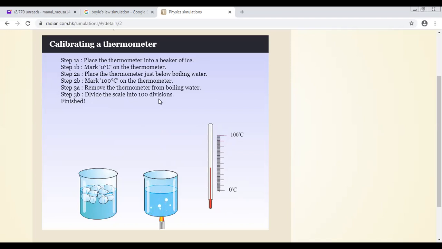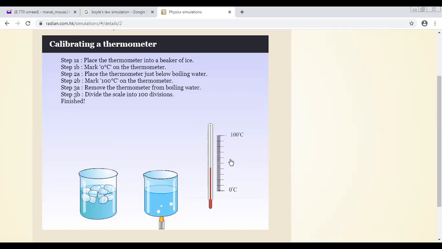By this way, I have a scaled thermometer with a proper capillary. So once you have the 0 Celsius and 100 Celsius points fixed on a thermometer, the rest of the scale is made by dividing the space between the points into 100 equal divisions or degrees. This is called calibration of the scale.